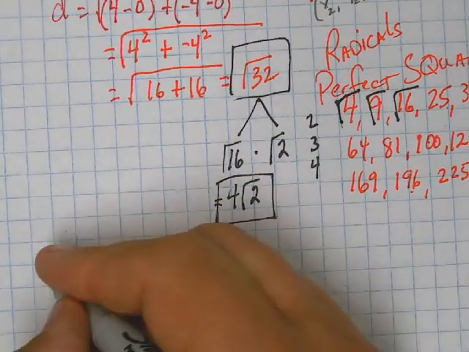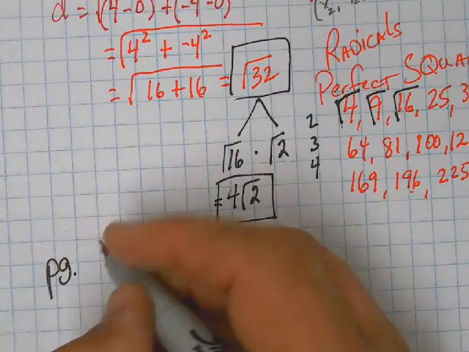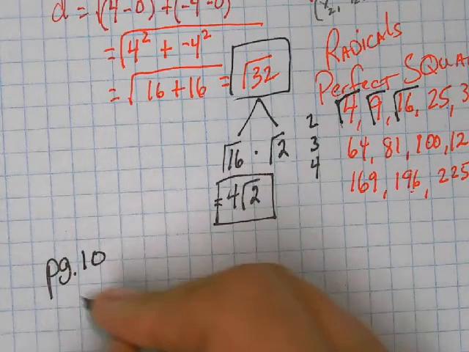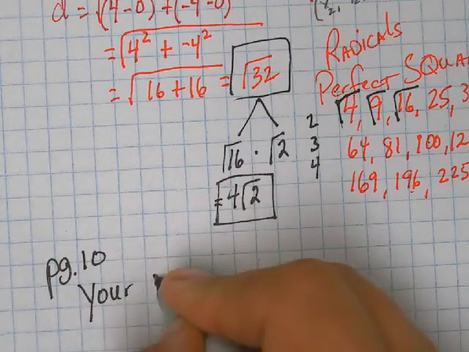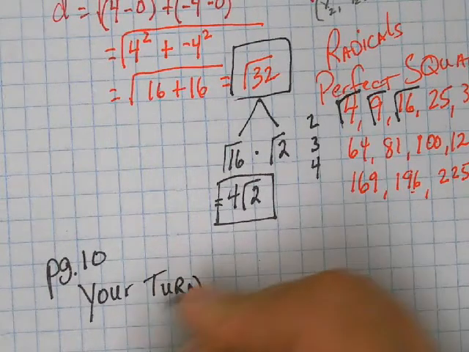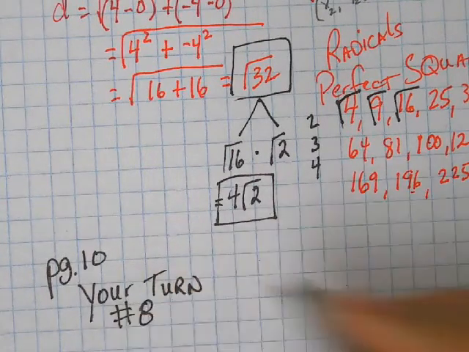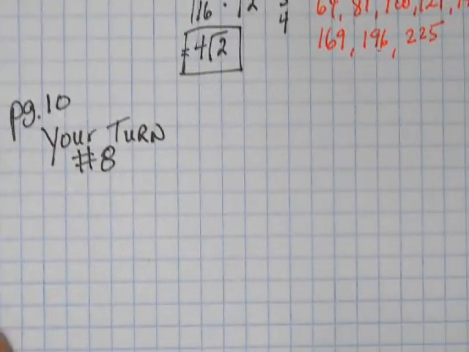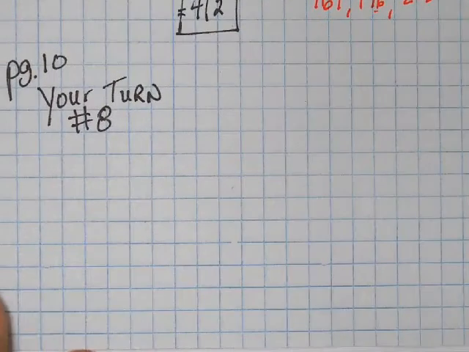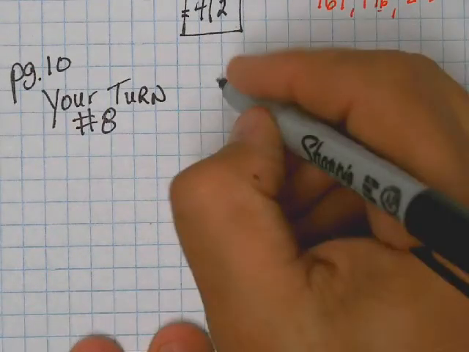Okay, let's do another one with the distance formula. Let's go to page 9. No, sorry, page 10. And look at the problem. Your turn, number 8. Page 10, your turn, number 8. Here's what I want you to find.